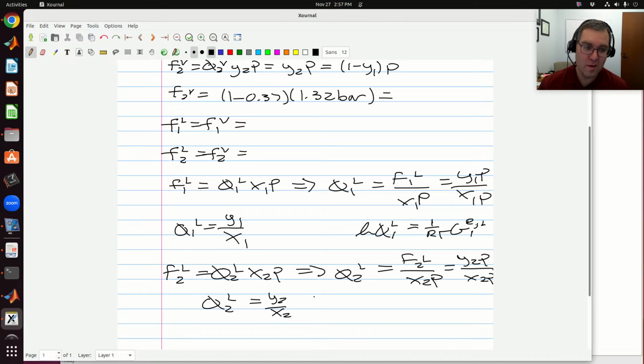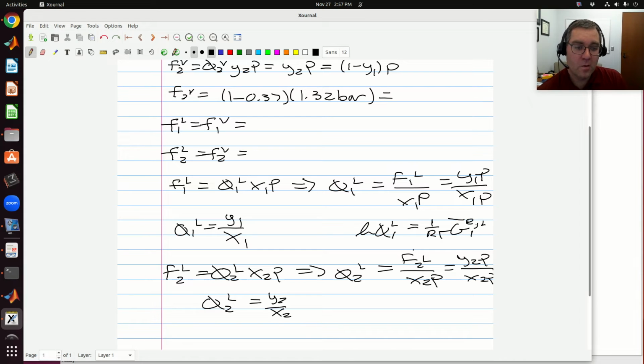So the residual Gibbs free energy of component 1 is greater in my liquid than in my vapor, right? And this should really be the partial molar residual Gibbs free energy: for component 1 in the liquid it's going to be greater than 0, because phi1 is greater than 1. For the case of an ideal gas, the partial molar residual Gibbs free energy is equal to 0, right?